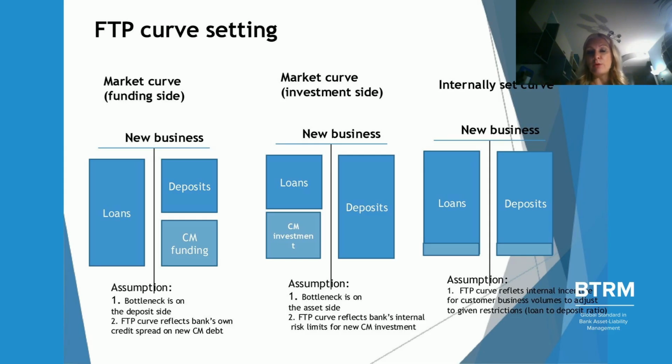This is where we have the FTP curve focused on additional capital market funding, because we are answering the question: how much will it cost me to originate one unit of new asset, not of the asset base already there, but of the asset growth?